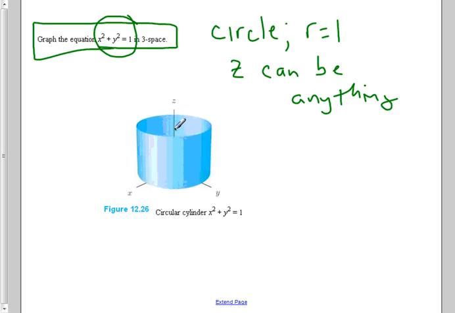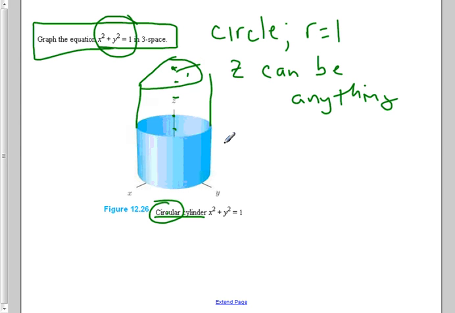So no matter what value of z we are, there's going to be a circle around that set point that has a radius of 1. And that creates this circular cylinder. Again, a cylinder, only instead of being parabolic, now it's circular.